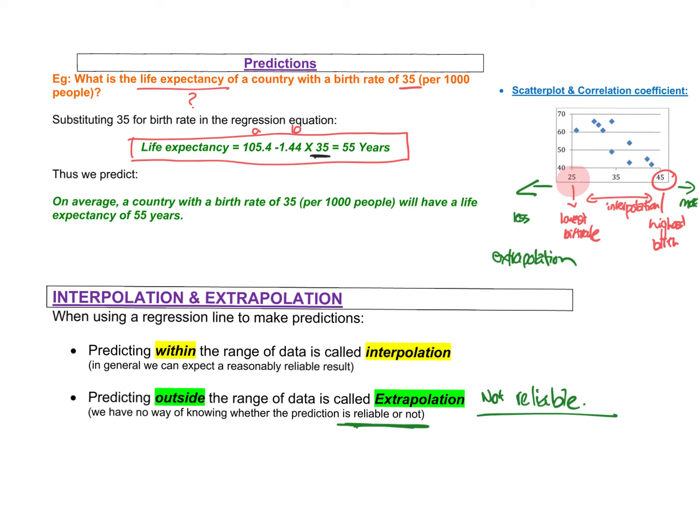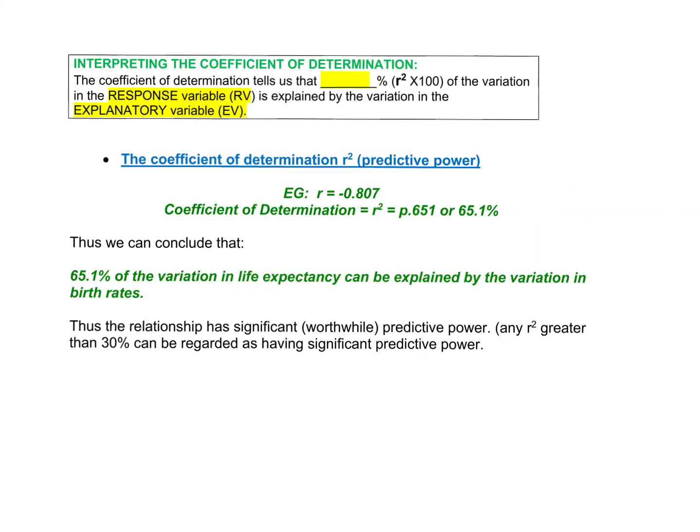Okay, so if we look up at this 35, what was 35? Were we interpolating or extrapolating? We were interpolating for this one. So this one was fairly reliable. Okay, so then our next bit would be interpreting the coefficient of determination. We've already done that. So in this example, you can see it says the coefficient of determination tells us that.